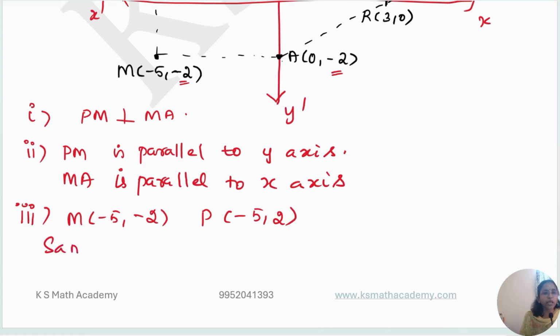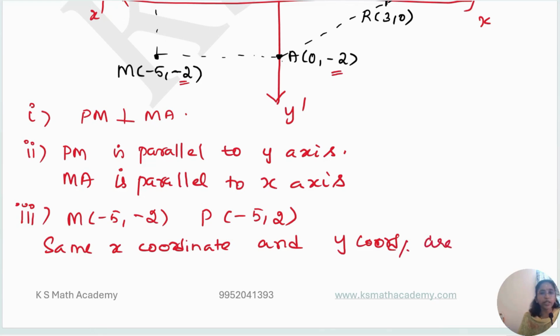So they have the same x coordinate value, and the y coordinate values are equal in magnitude but opposite in sign.